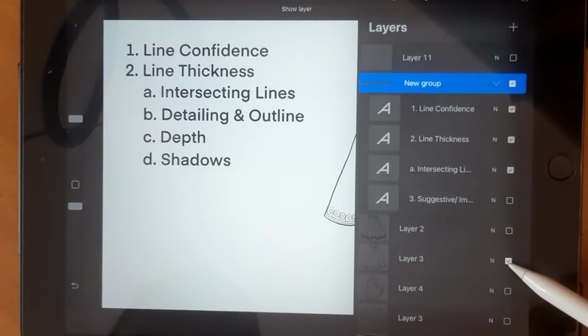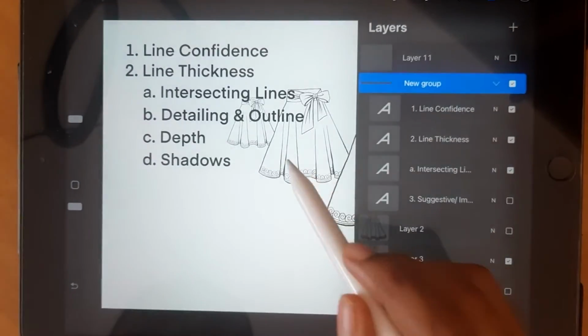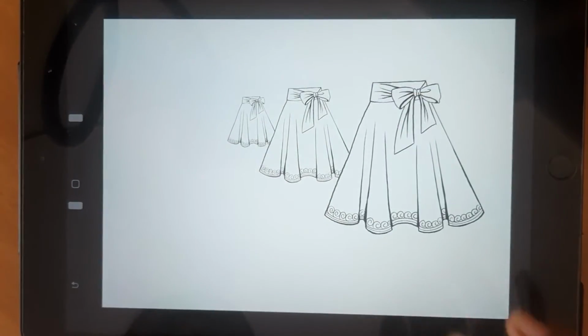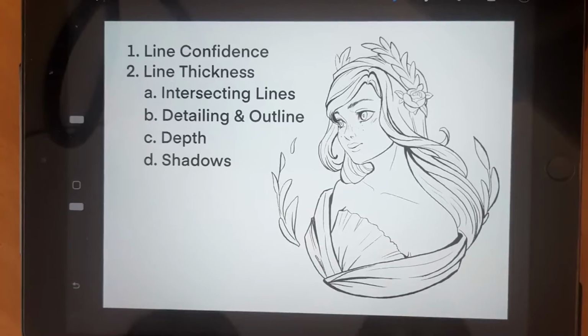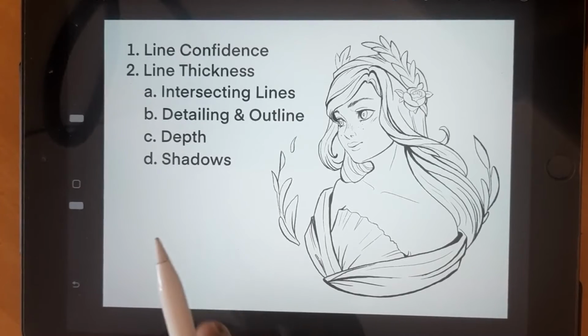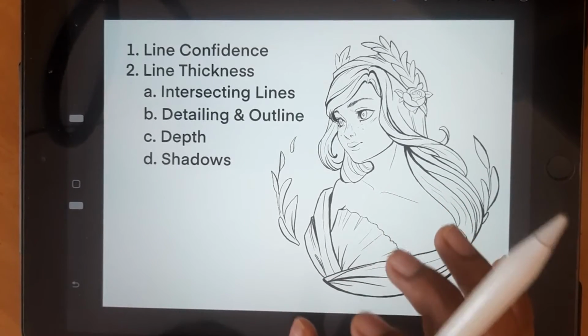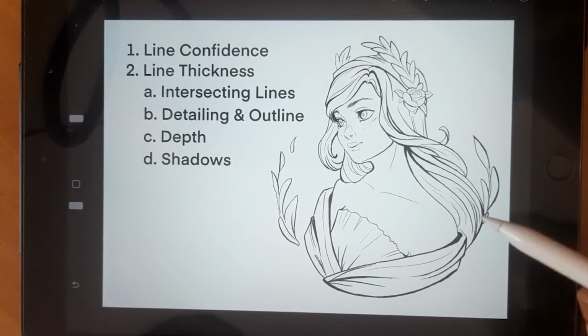The same principle applies here also. As we draw line art, when it moves further away, it becomes thinner and thinner. The next point is shadows, that is wherever there are shadows we should use thicker lines.